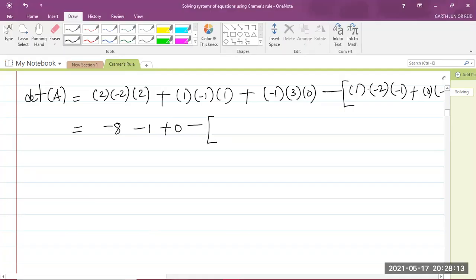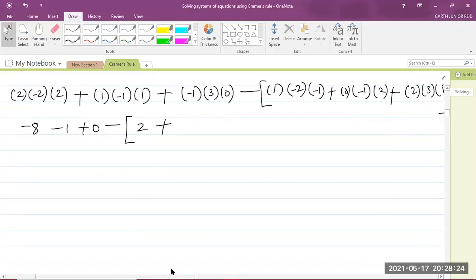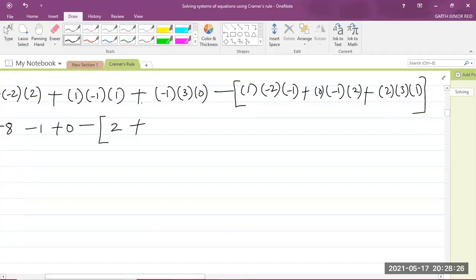Minus 1 times negative 2 times negative 1 will give me a plus 2. Plus 0 times negative 1 times 2 will give me 0. Plus 2 times 3 times 1 will give me a 6. So let's simplify now.